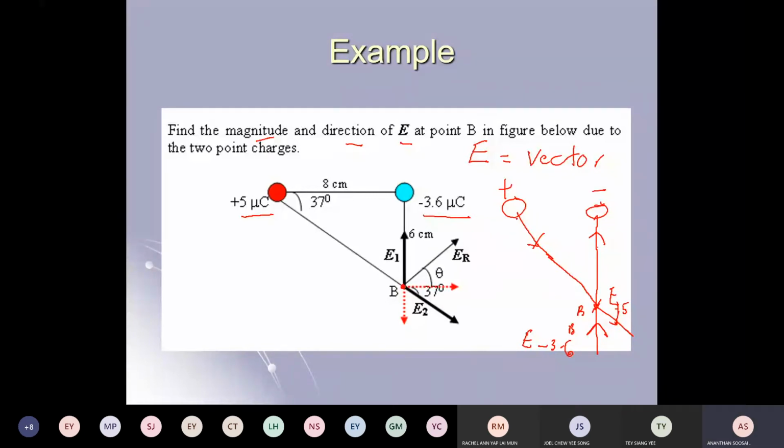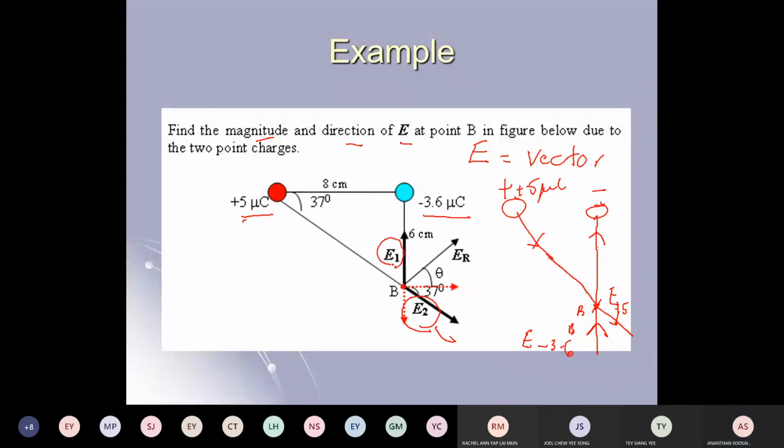The field of the positive 5 microcoulomb is acting diagonally, like a southeast direction, as shown in this diagram. E2 is the field caused by the positive 5 microcoulomb going outward from the positive.